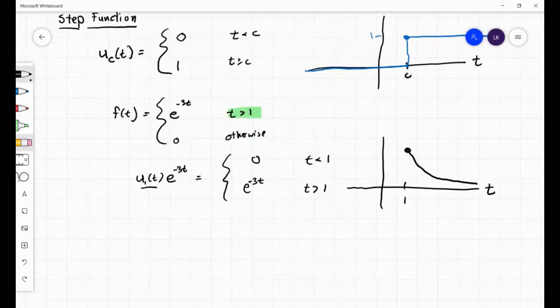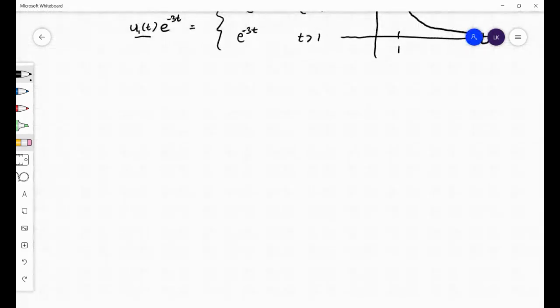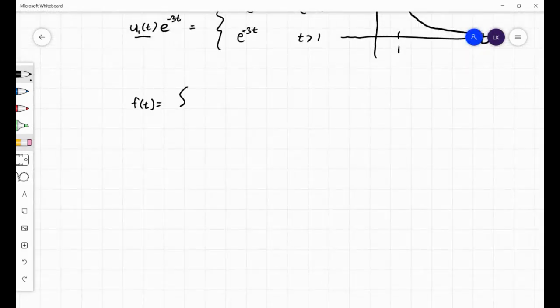This step function can also be used as an off switch. Suppose you want a function equal to sine of t, but only if t is between pi and 2 pi, but 0 otherwise.